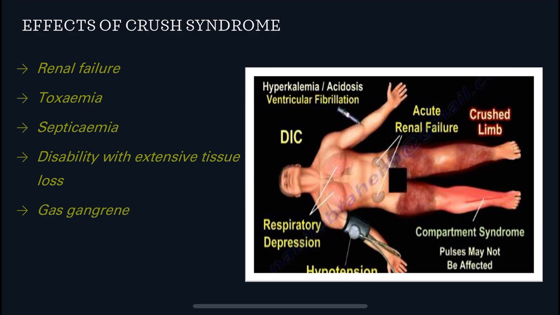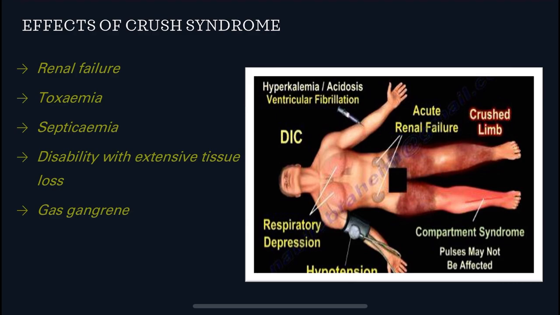Rhabdomyolysis. This muscle injury will cause large quantities of potassium, phosphate and myoglobin, creatine kinase and urate to leak into the circulation. When all these toxic substances like myoglobin, urate, creatine kinase, potassium, phosphates are released into the blood, it will result in toxemia.